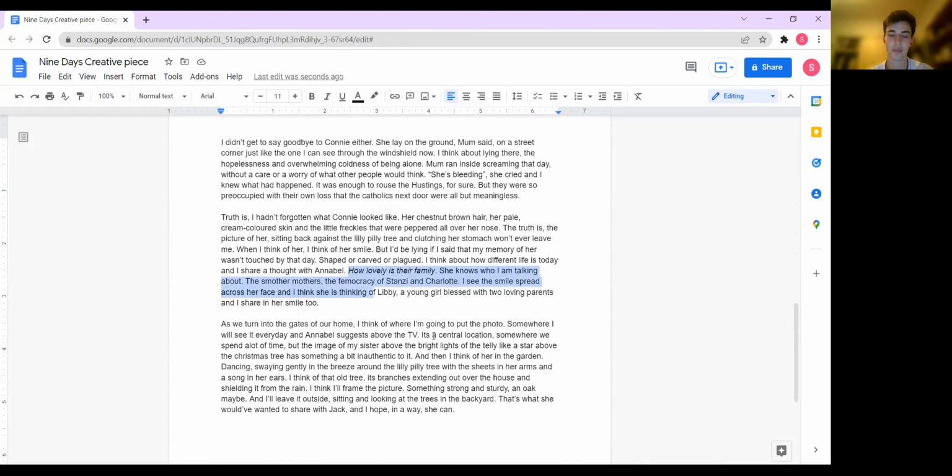But from here on, we're starting to think more of the positive elements of their life experience, as we reach a conclusion for the story. I think this goes for most creative pieces in general, but concluding in a positive way after exploring some negative themes or some criticism is a really good way to go.